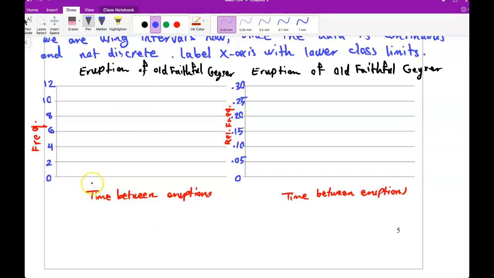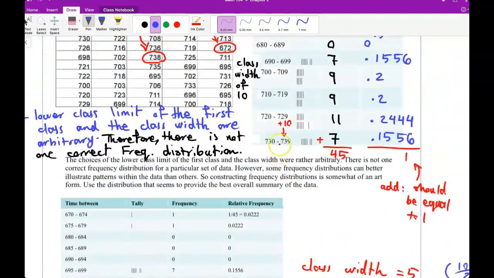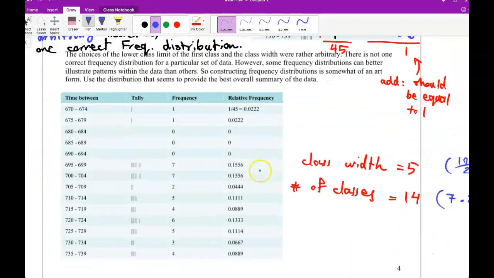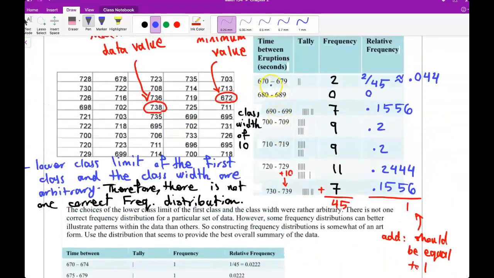Okay, now writing our classes here. As you can see, that is 0, so I'm not starting from that part because our classes start from 670. Lower classes starting at 670. So I'm going to write all these classes. The numbers that I use are 670 up to 680. I'm not using 679.9999, I'm not able to write that way. So I'm using these lower limits. So it says 670, 680.